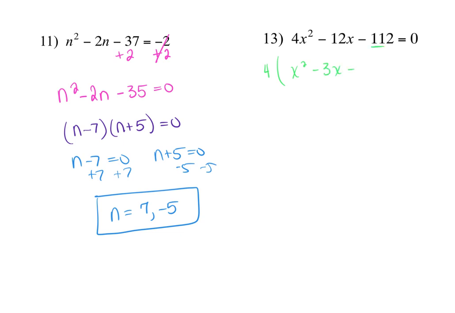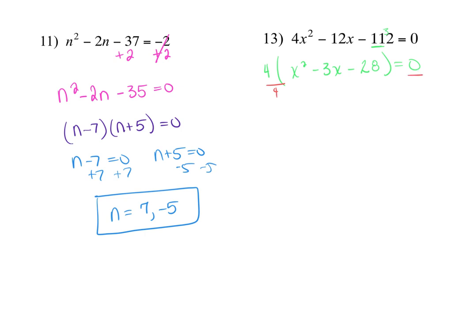So when you do something like this, just do 11 divided by 4, that's 2, right? And then carry the 3. 32 divided by 4 is 8. So you can just do it a little bit at a time, or you can do long division over to the side if you want to. Once I have this, I did not pull out a variable. Had that been a variable, I would need to set that equal to 0 and solve. If I pull out just a constant, it actually doesn't affect my answer.